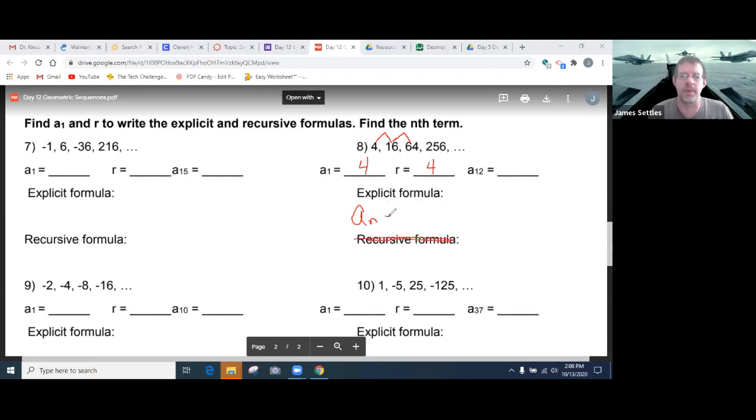So we're going to do A sub n is equal to A1, and then because it's R, it's in parentheses, 4, and then n minus 1 as an exponent. So we want you guys to go back to Desmos and type this in and see if you can come up with 12. And if you can come up with it, then we're done for today.